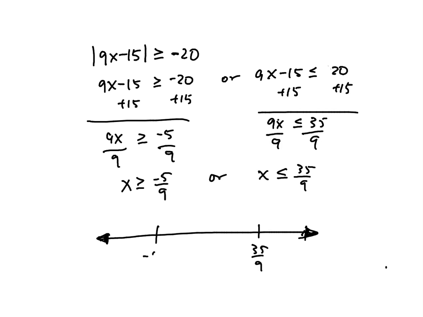Negative 5 over 9 is somewhere on the left. X greater than or equal to negative 5 over 9 means you go to the right. X is less than or equal to 35 over 9, which means I start at 35 over 9 and go to the left.